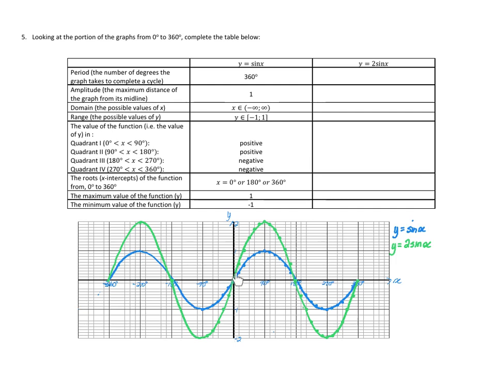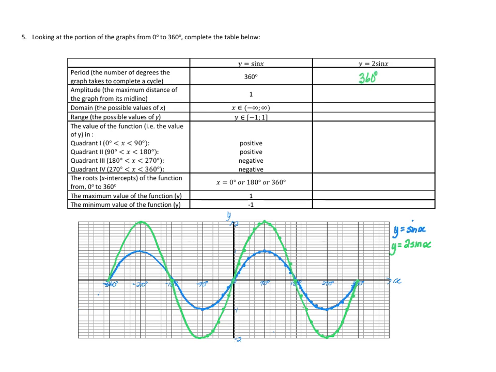The period of the function y equal to sine x is 360 degrees. There we are, 360 degrees to complete a wave. And the function y equal to 2 sine x also takes 360 degrees to complete a wave.